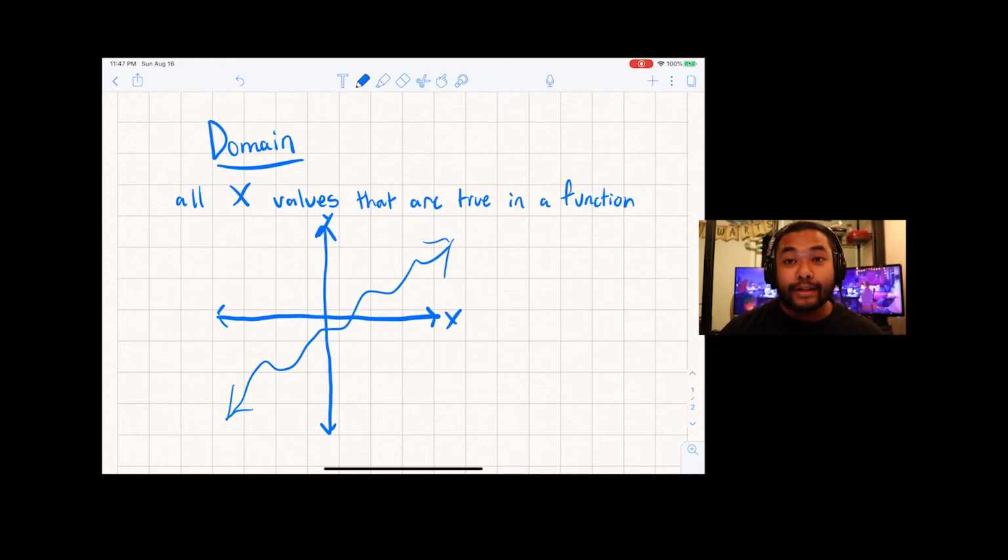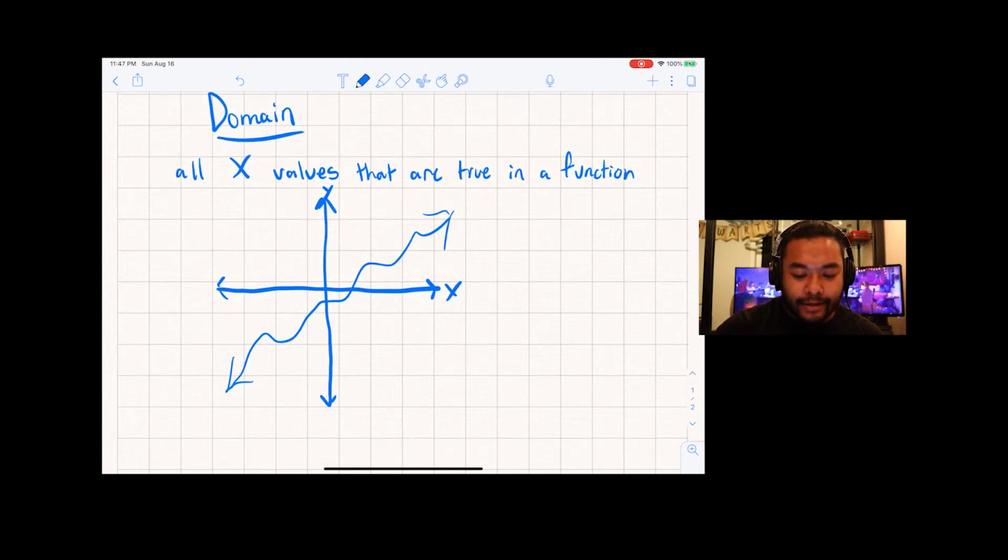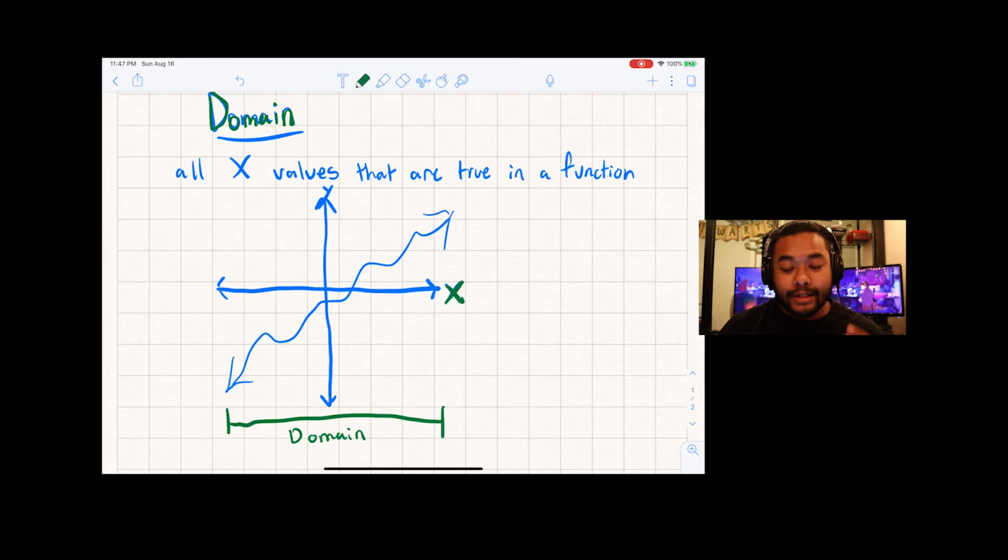Then if I'm looking at the domain of the function or the x values of the function, let's use a good color for this. So if I'm looking at the domain in green, then I'm looking at the x values, and that simply means I'm taking a look at where this graph, this line, this function or curve is possible along the x values of the axis.